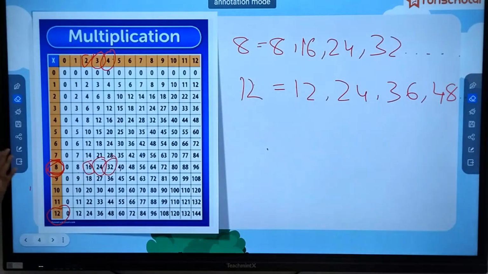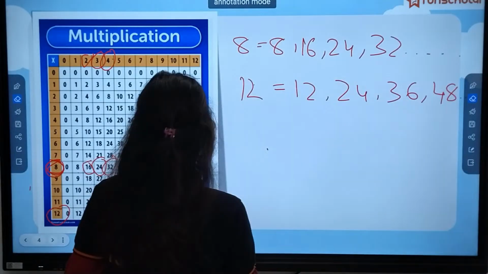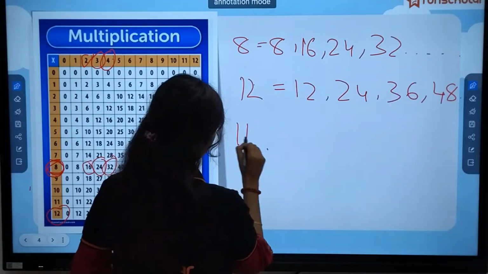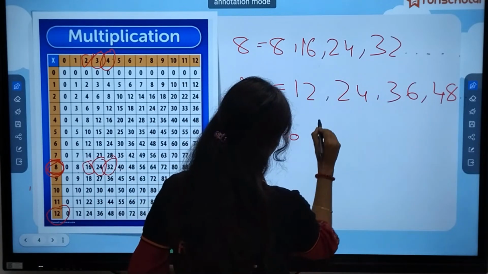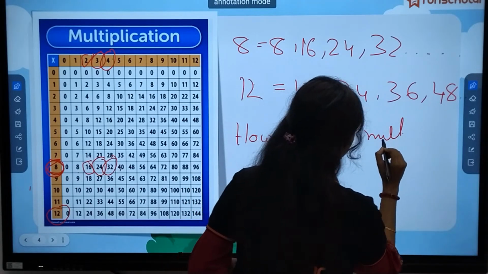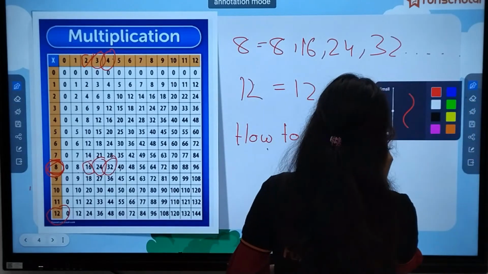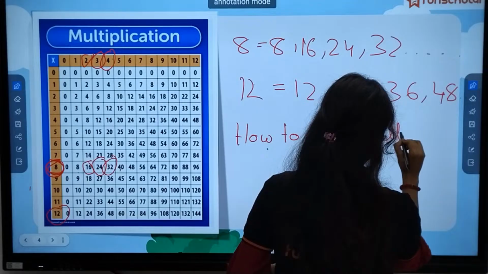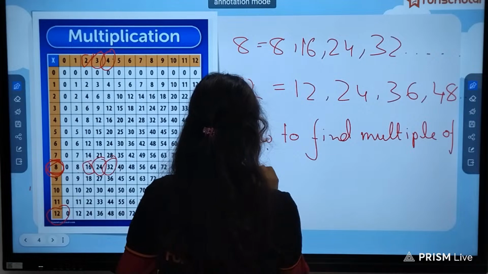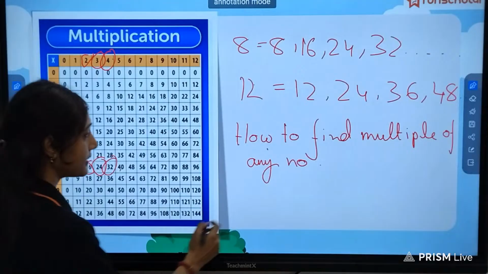So I hope now you have understood how to find multiples of any number. Okay, how to find?